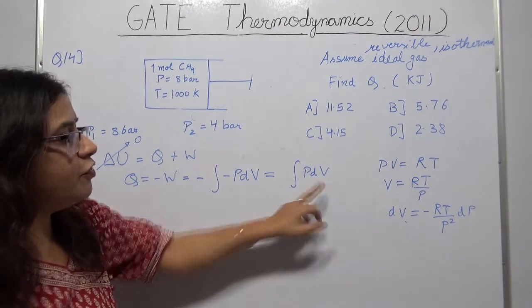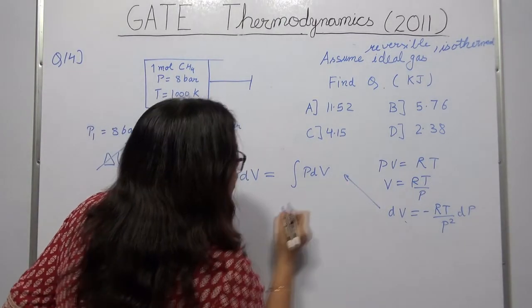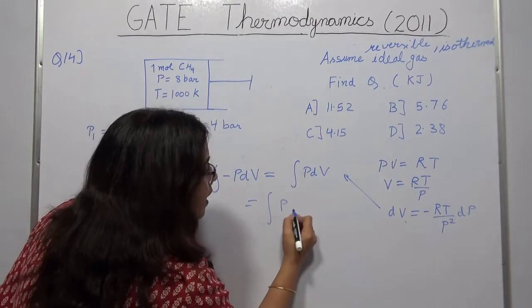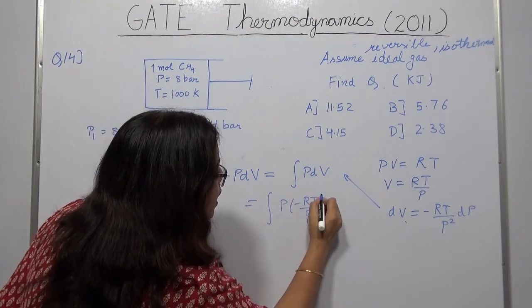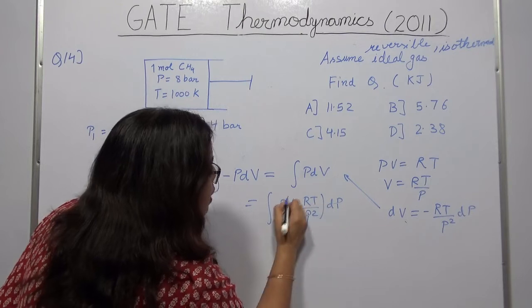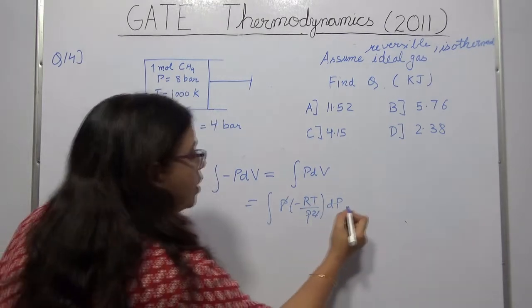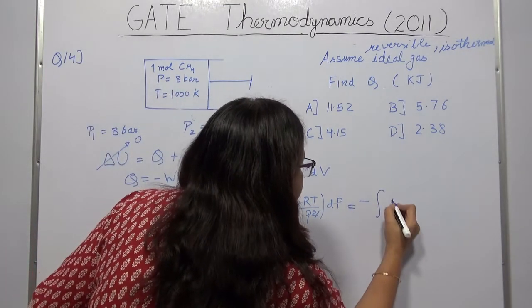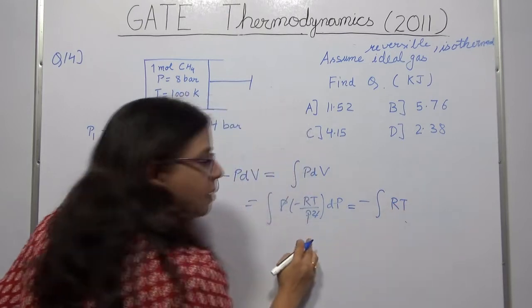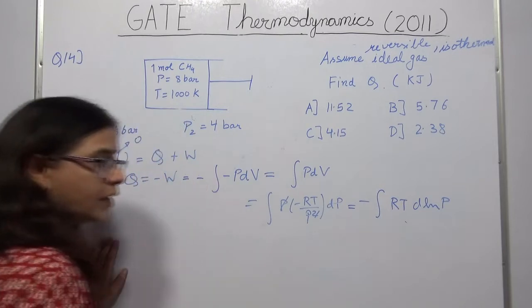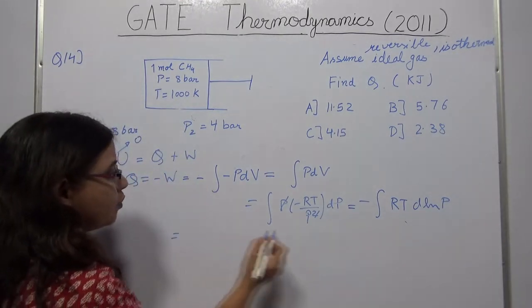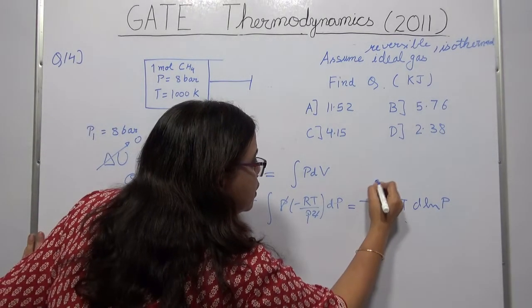So instead of dV, I am going to write over here integral P times minus RT upon P square dP. 1 P will cancel, and what you are left with is integral of minus RT dP by P, which I can write as d ln of P. Integrate this from P1 to P2.